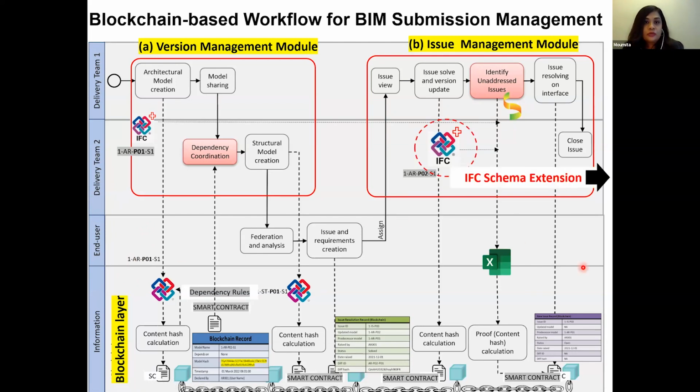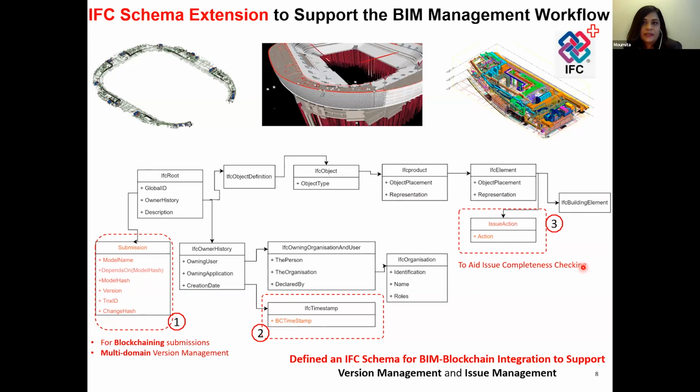Now, to facilitate this workflow, we have extended the IFC schema so that we can link IFC to blockchain and reverse. So here you can see that the first extension is for blockchaining submissions and to handle multi-domain version management. So we capture things like the model name, depending upon the model name that is required by a project, and also the dependencies, like if this is a particular submission, then what other submission does it depend on?